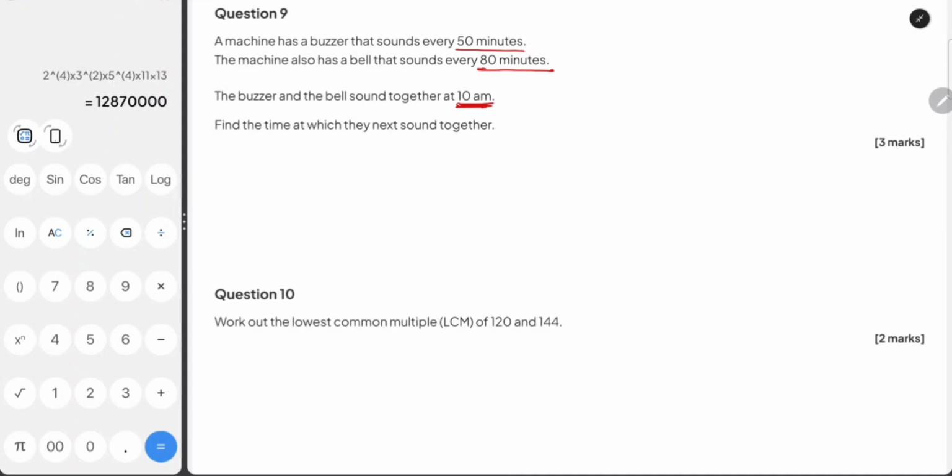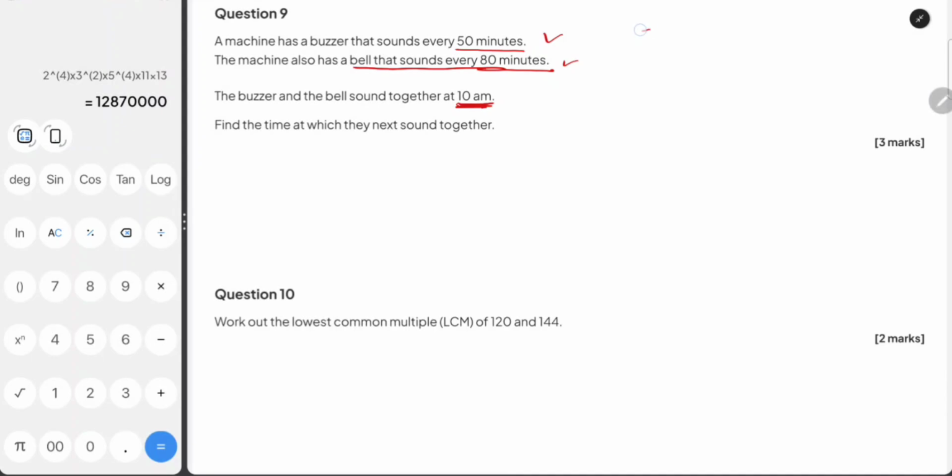So for that, the time which we are finding will be bigger than 50 and 80 itself. Why? Because till 80 minutes the bell is not going to ring. So whenever they are going to ring together, it will be more than 80, of course. So this is why we are going to find LCM.